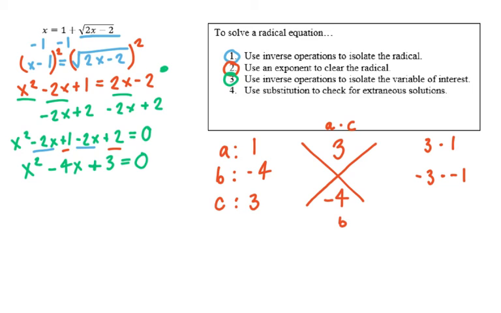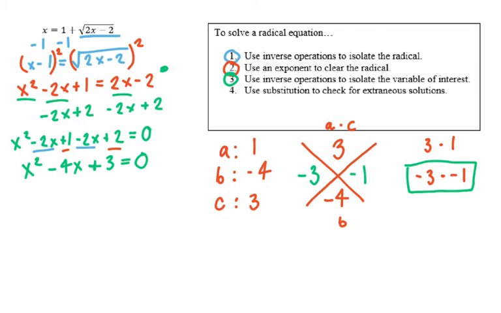Now the set of factors that will add to give us negative 4 are negative 3 and negative 1. So those are the factors we are going to be working with. Because negative 3 times negative 1 multiply together to give us 3, and they add together to give us negative 4. Now that we have identified our factors, we can add them to x to write our quadratic in factored form.